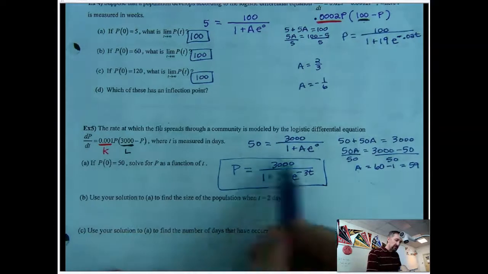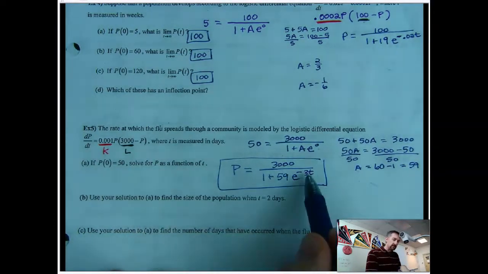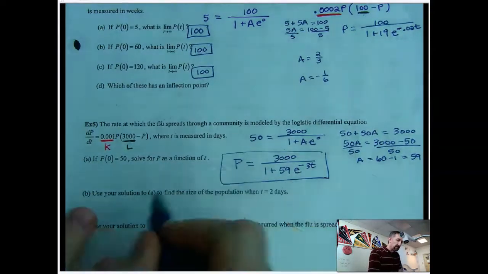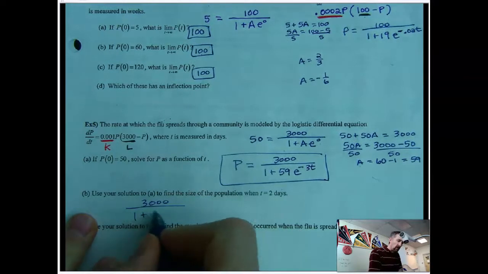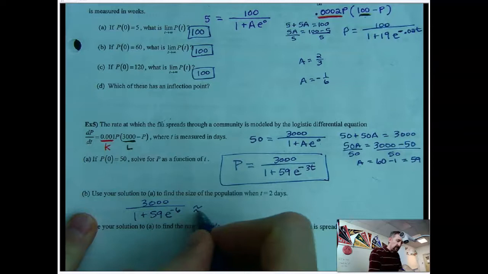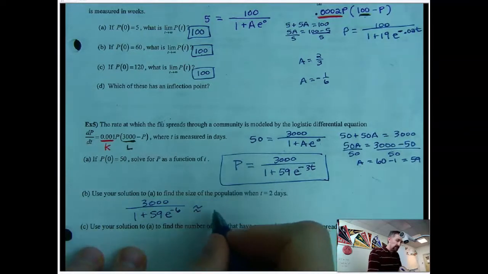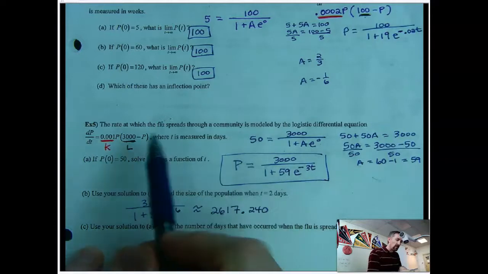So it says use your formula there to find the population at 2 days. So you would just plug in 2 there. So that would be 3,000 over 1 plus 59 e to the negative 6th, which is 2,617.240.